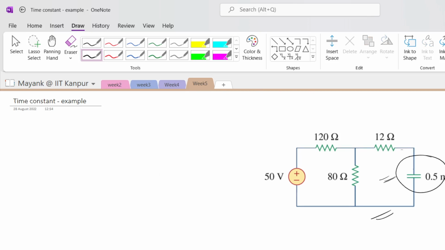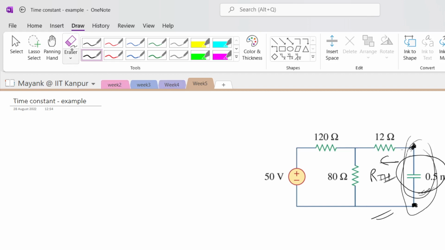And you have to find the Thevenin resistance between the terminals where the capacitor is connected. I am saying capacitor because in this case we have a capacitor. If there is an inductor, then you remove that inductor and find the Thevenin resistance seen across the terminals where the inductor is connected. So in this case we have a capacitor, so we have to find the Thevenin resistance, RTH, between these two terminals, isn't it?